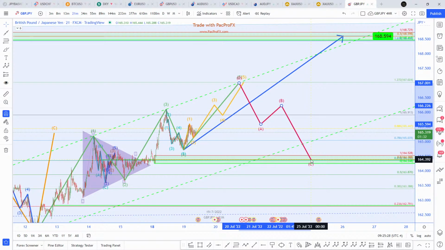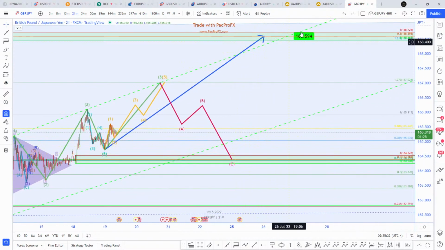We may come back down to here again. And then basically 5 waves, we might get another zigzag or some kind of 5-wave pattern back up again.